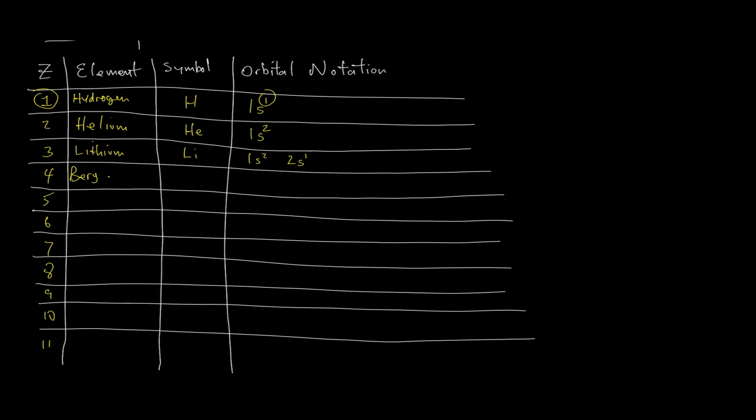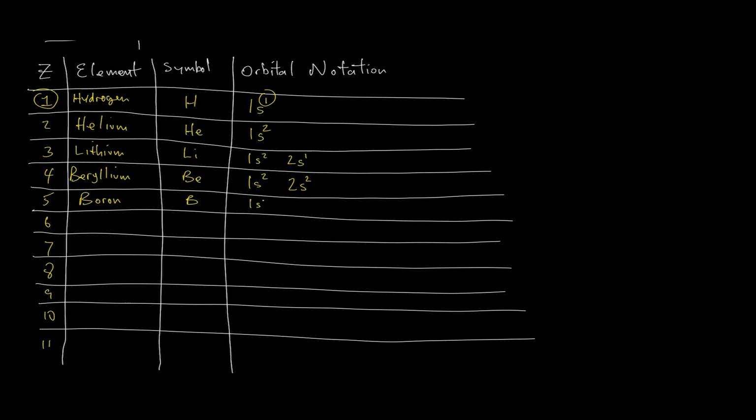Okay, number 4 is beryllium in the periodic table. Symbol is Be, and this is going to have predictably 1s squared, and then a further 1 in the 2s, so 2s squared. Okay, so 2 and 2 gives you 4. The fifth is boron. Symbol is just B for boron.